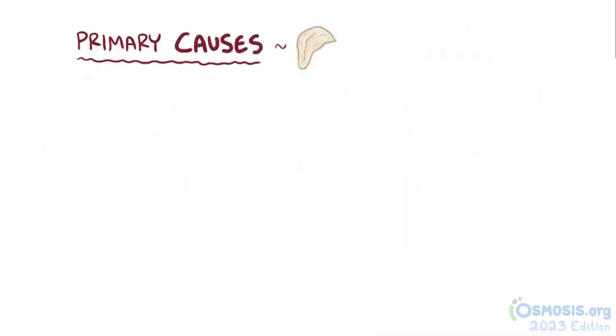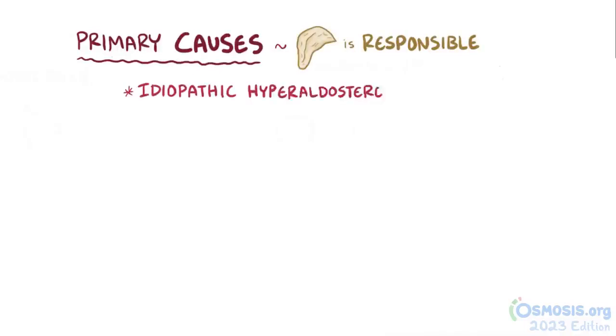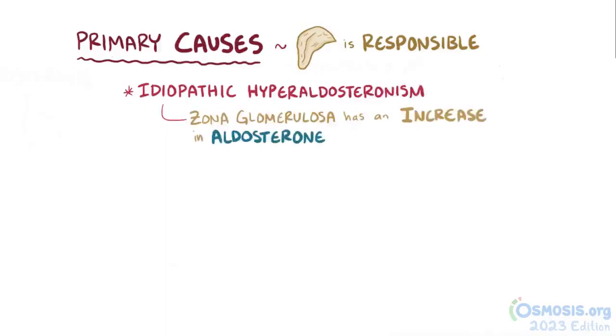Hyperaldosteronism can happen due to primary causes, which is where the adrenal gland itself is responsible for the excess production of aldosterone. The most common primary cause is called idiopathic hyperaldosteronism, because the zona glomerulosa has an increase in the number of cells secreting aldosterone, but it's not really clear why this happens.